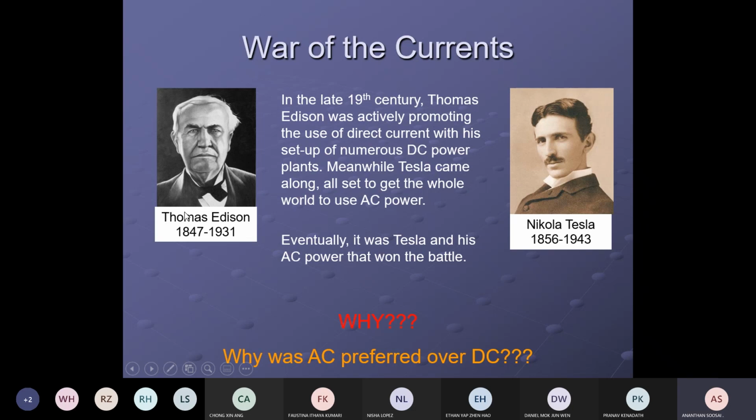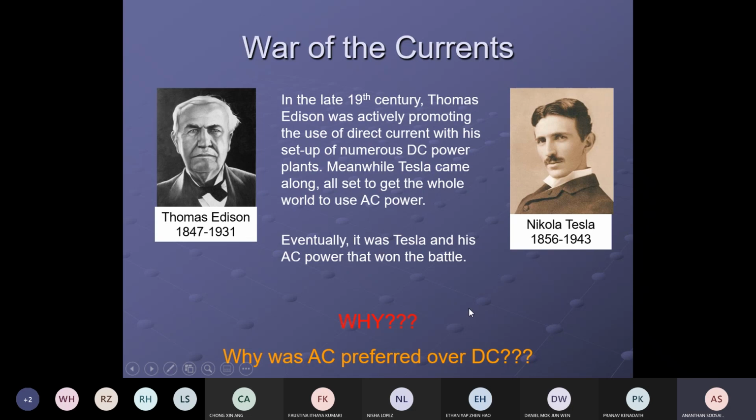Edison promoted DC to be supplied around the world to supply electrical energy. But Nikola Tesla promoted AC. He said AC is a better way of transmitting electrical energy to the surroundings. So yeah, now you know.